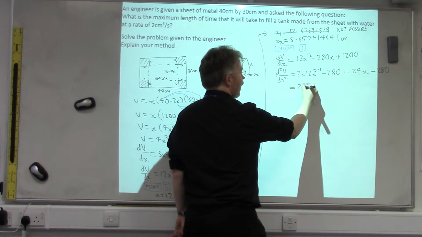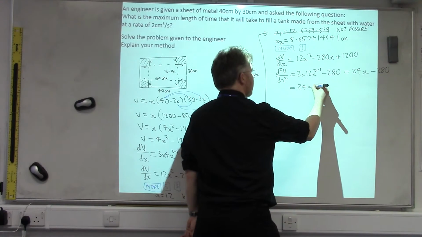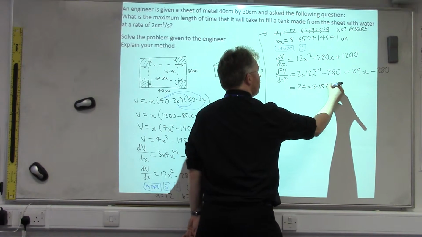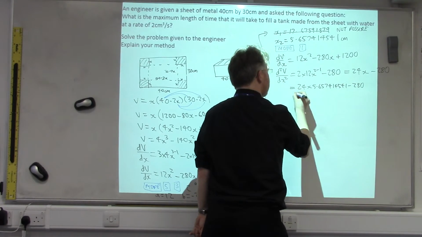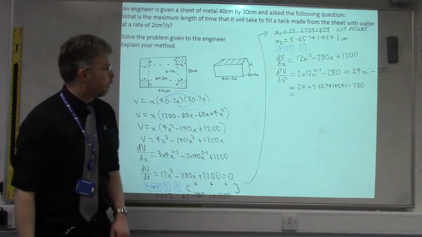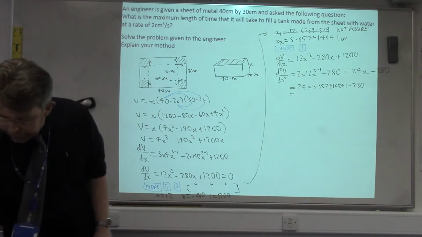We then stick our x2 value in. So 24 times minus 5.65 and so on, minus 280.